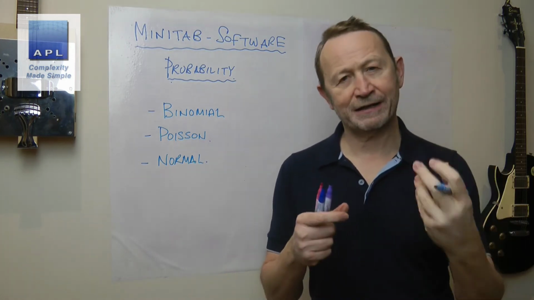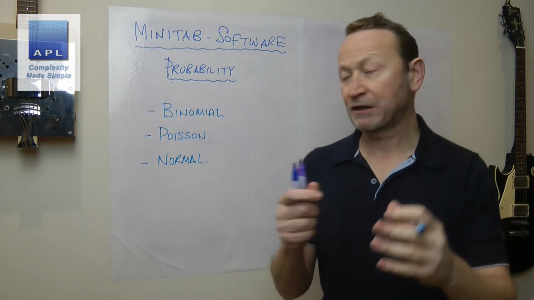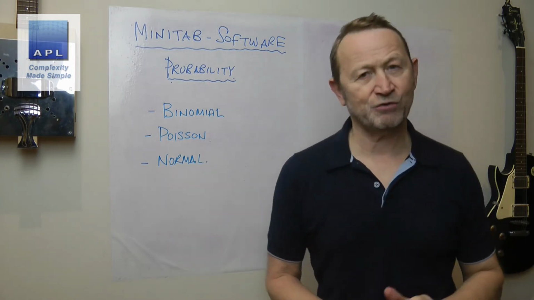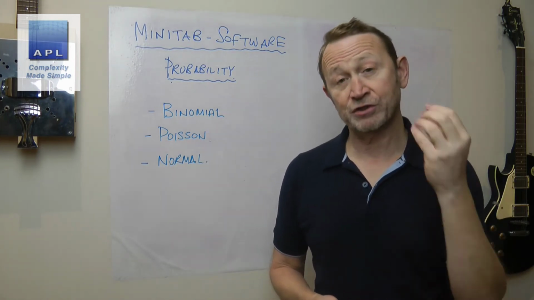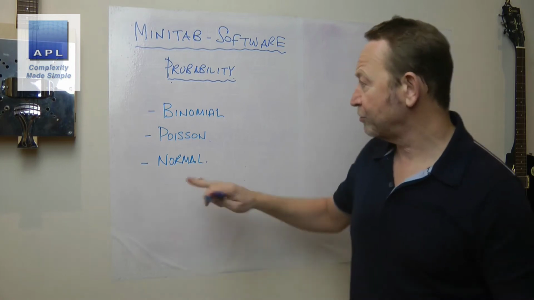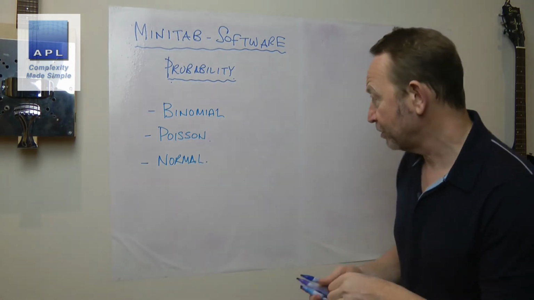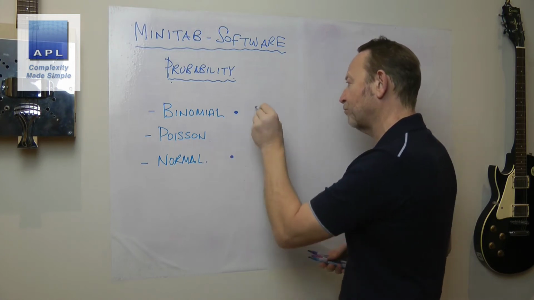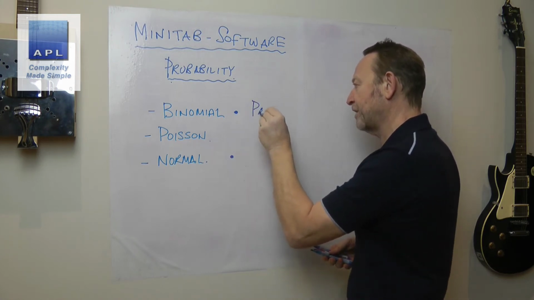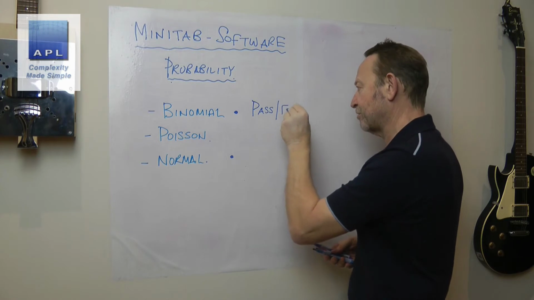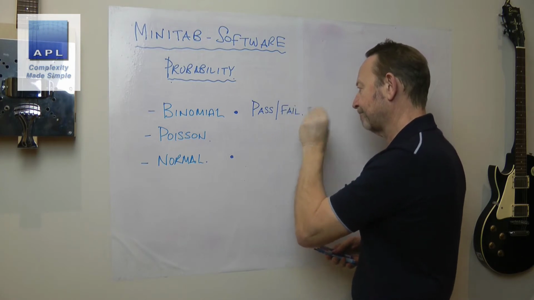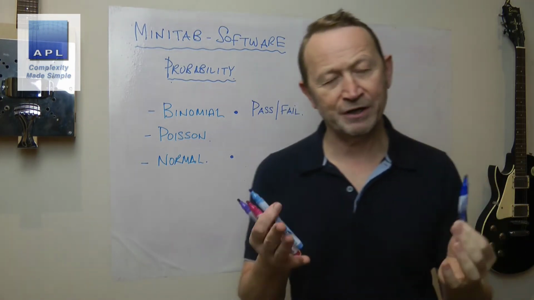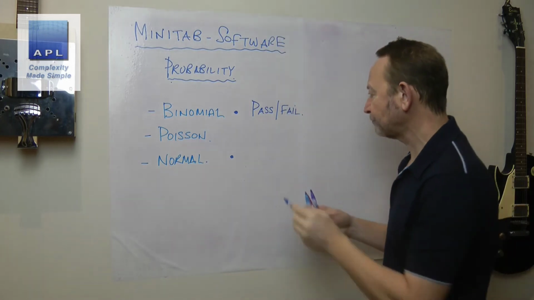Why these three distributions? Because when you collect data, typically you are going to collect one of these three distributions. There are others in your business, but these are the common ones. Whenever you look at data and you consider it as pass-fail, you're typically collecting a binomial distribution.